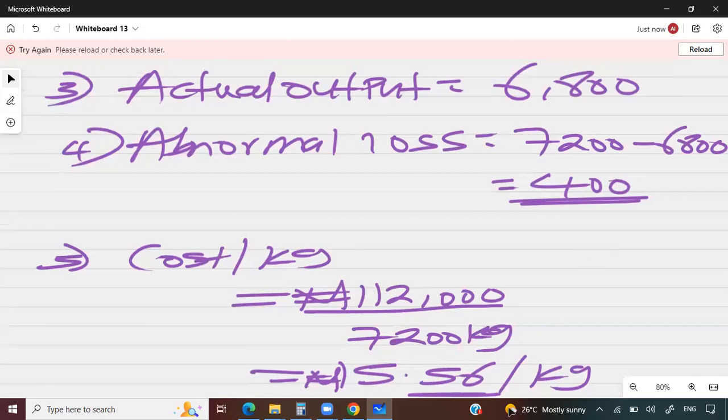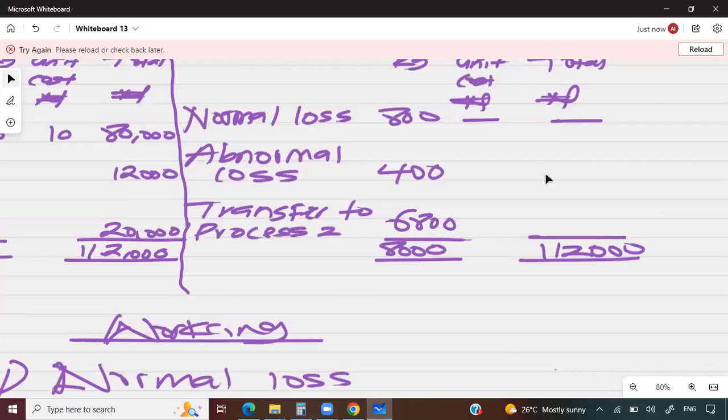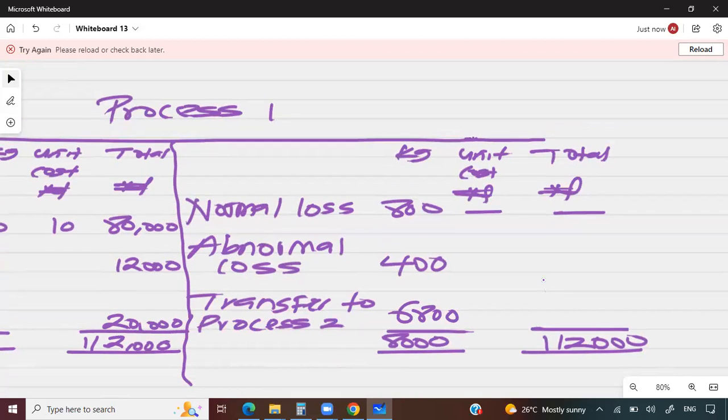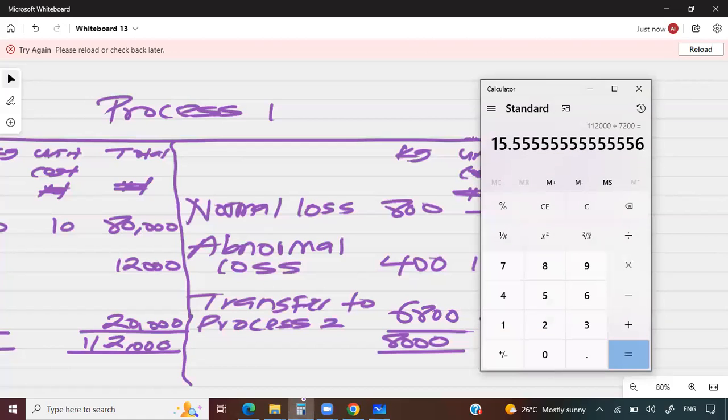And then you go up and say 15.56 multiplied by 400, we have 6,224.